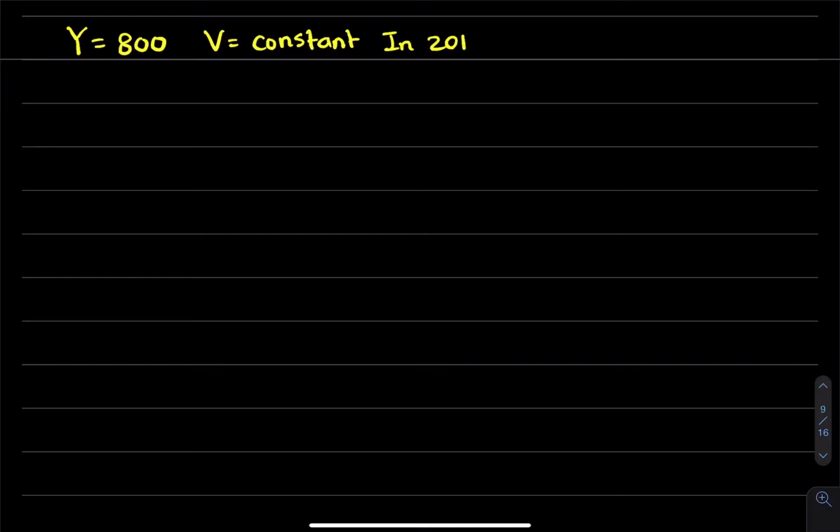So let's write down what we're given. First, we're given that Y is equal to 800, which is our real GDP. Velocity is constant. And in 2019, money supply is $2,000 and price level is $5 for a cookie.